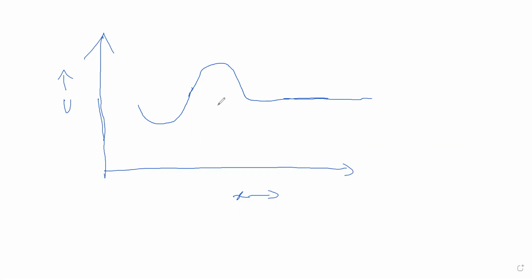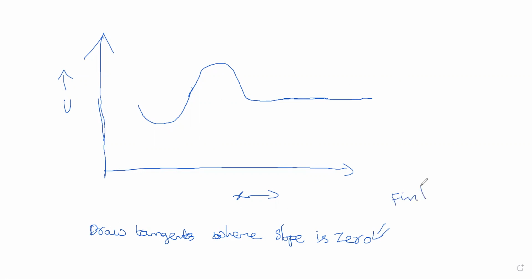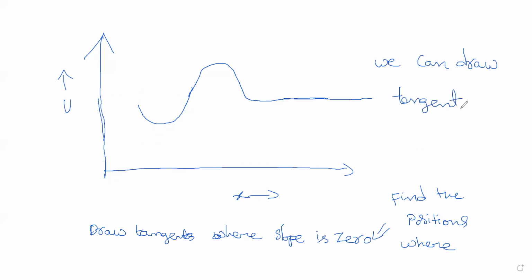Now what you are supposed to do is draw tangents and find the positions where the slope becomes zero, that is, where we can draw tangents parallel to the x-axis.